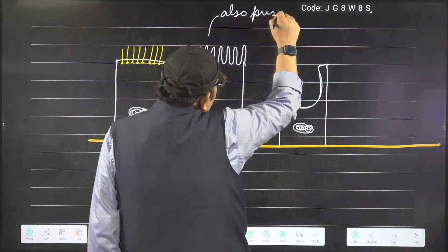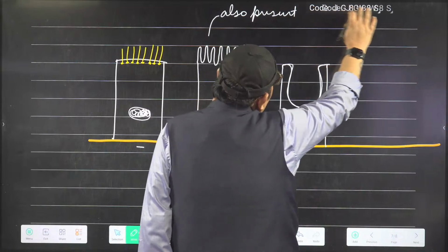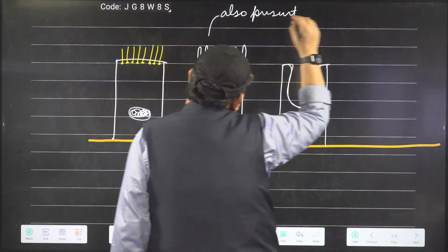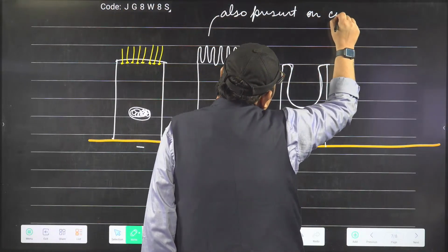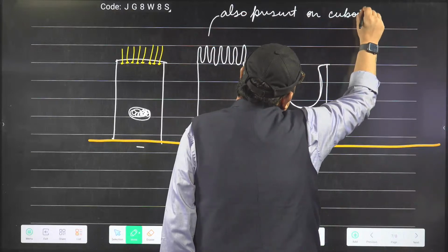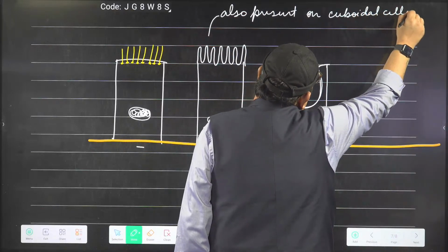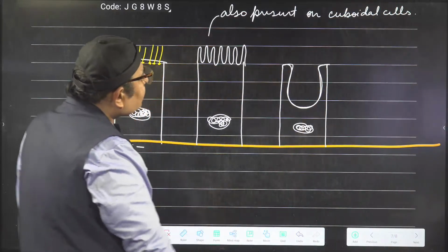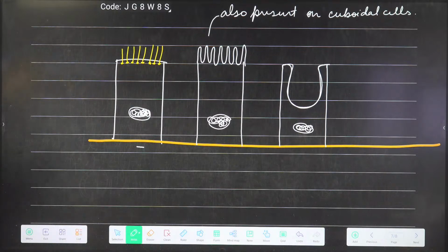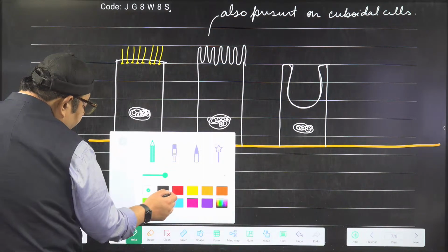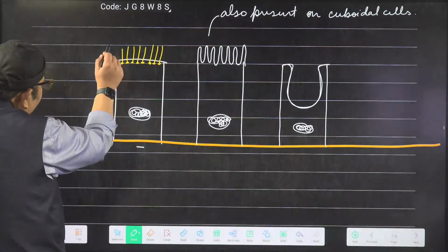More commonly, this type is also present on cuboidal cells. Columnar cells have the three types of modifications. The first one is motile.